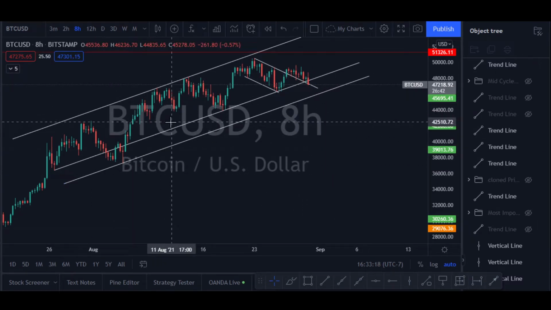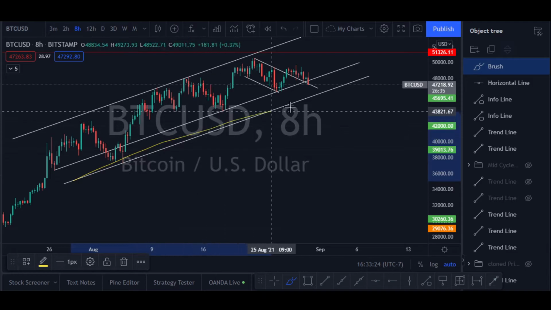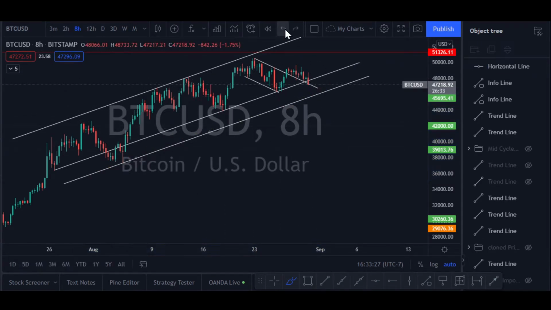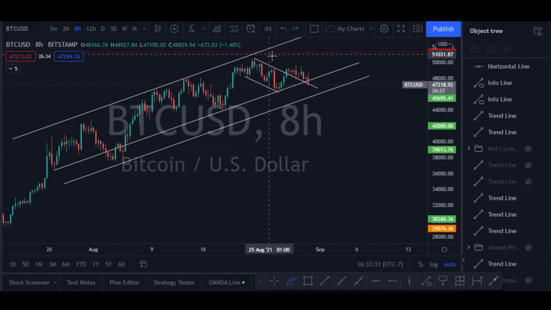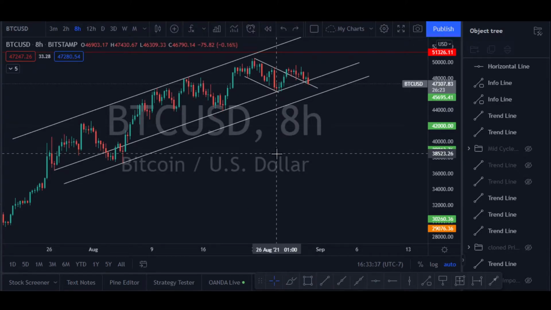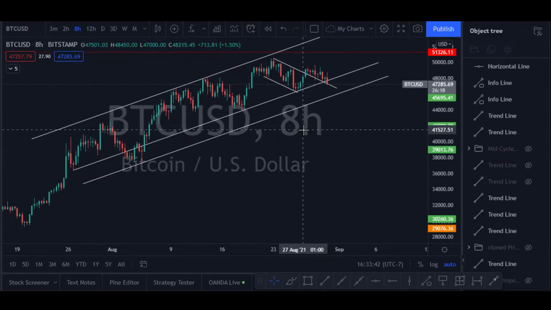So the rule again is that once you break the bottom of the channel, in this case this bottom white line, which I colored in yellow, if we broke down right here below it, then the trend is changing. But you can see the market symmetry here and how that can work to check your levels.